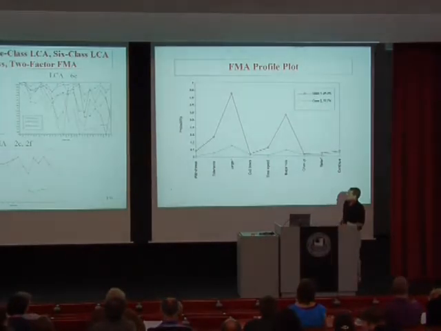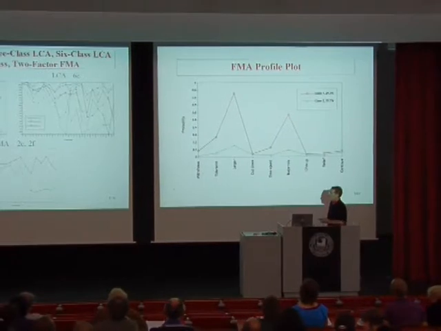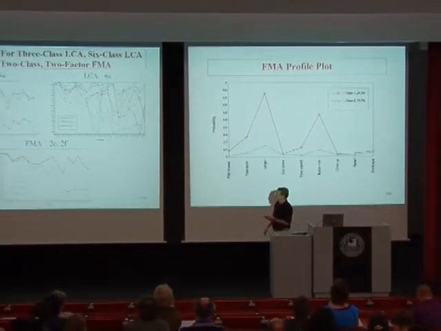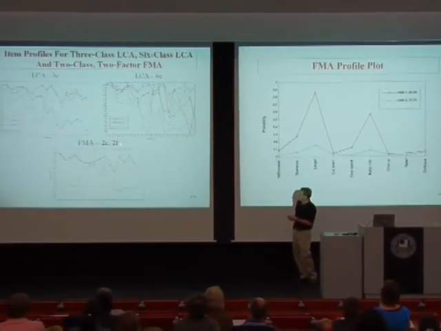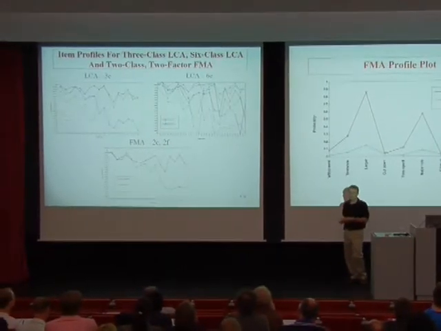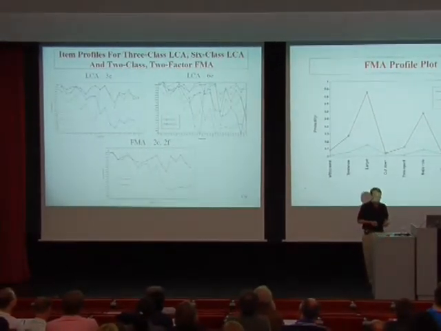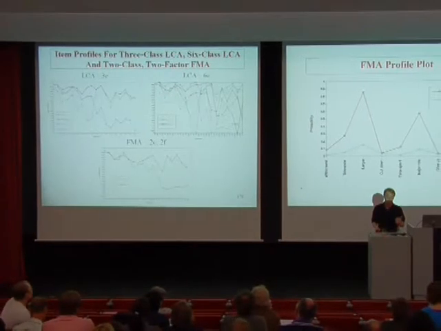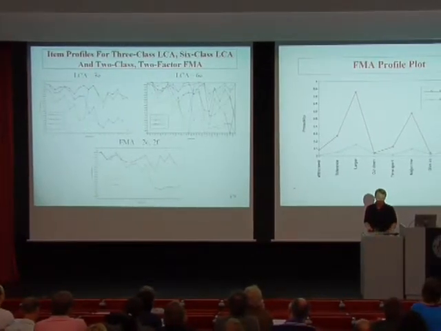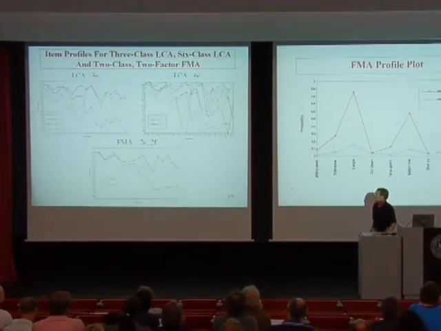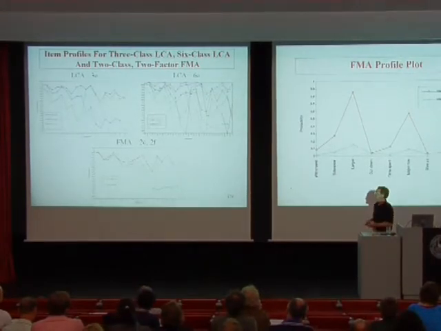So just to say a few more words about these two examples. Indeed, as Linda said, there are two factors here, and they come out very clearly as an inattentiveness severity dimension and a hyperactivity dimension. It's a very clear two-factor solution.